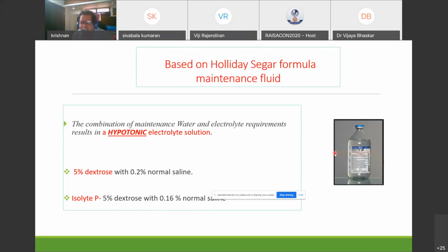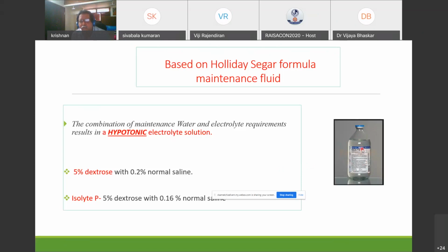So when you give such a hypotonic solution, the fluid will move from the intravascular compartment into the cell, and we as anesthesiologists worry about intracerebral edema because the child will not recover from anesthesia, or post-operatively the child will be drowsy, and sometimes because of the raised ICP there can be coning and the child can die. So that is the reason why we have stopped using Isolyte P.